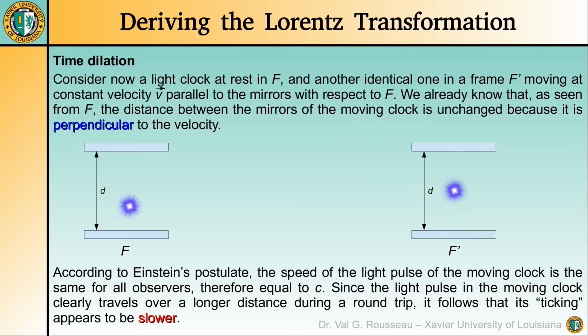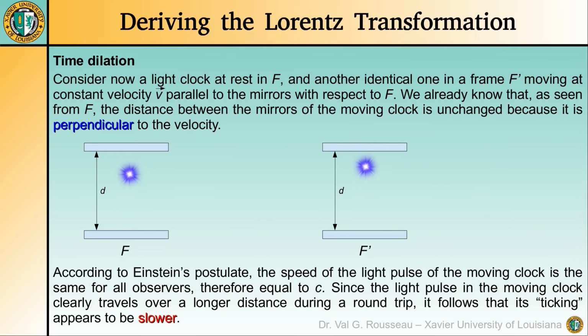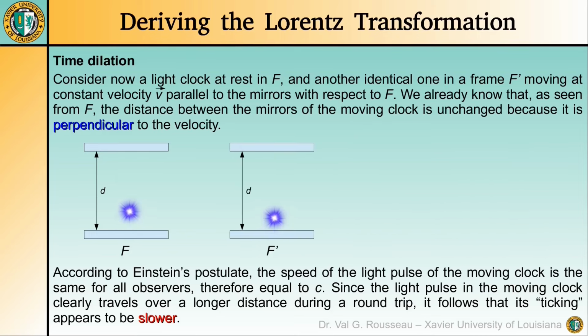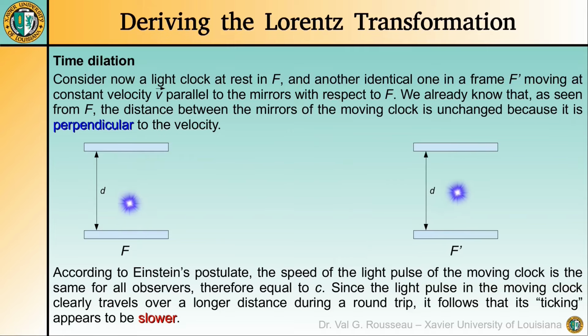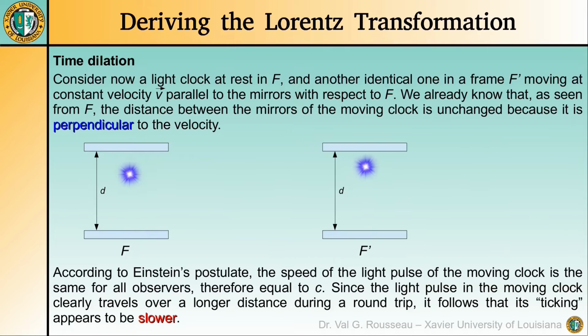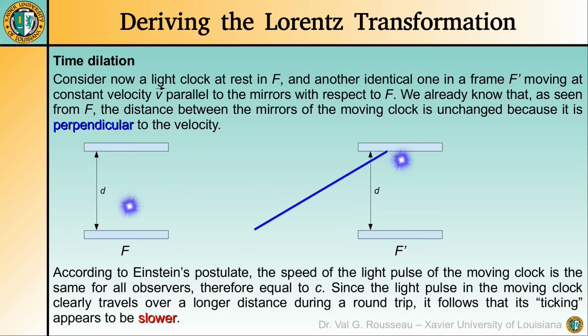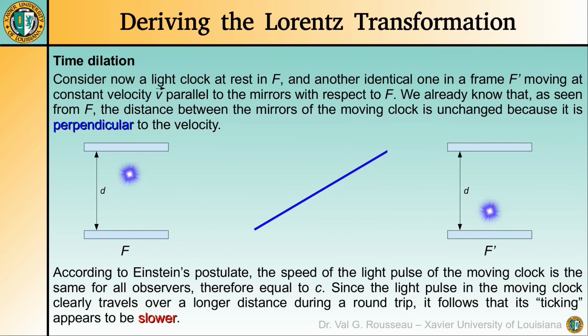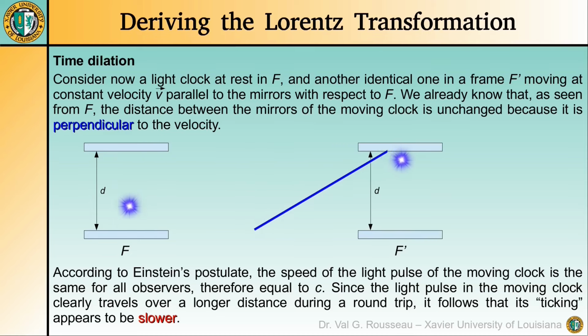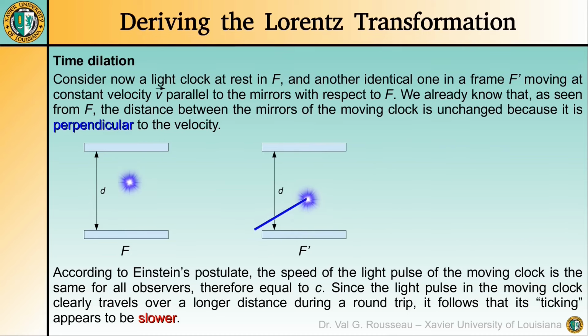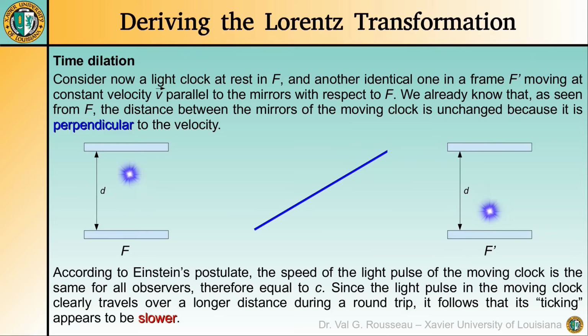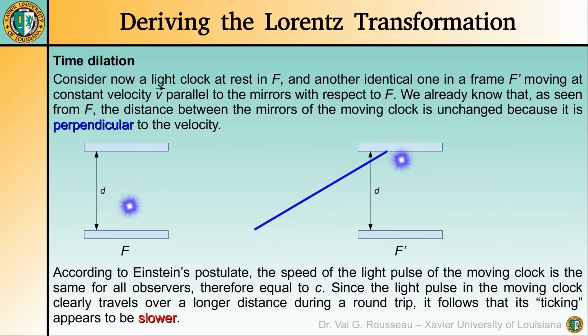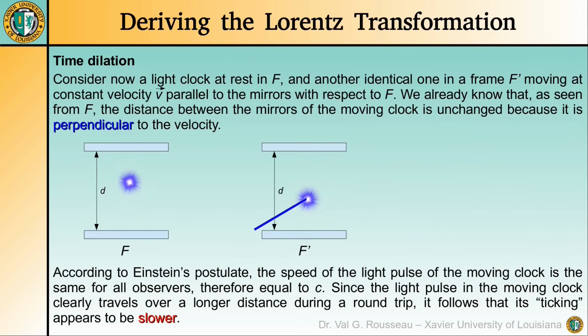Note that the light pulse of the moving clock remains all the time horizontally centered with respect to the mirrors. However, if we trace the path followed by the light pulse, we find that it follows a straight oblique line from the bottom mirror to the upper one. It also follows a similar oblique path, not represented, when going from the upper mirror to the bottom one.